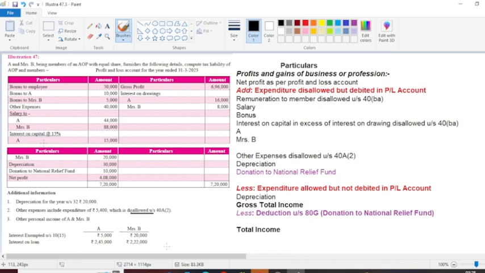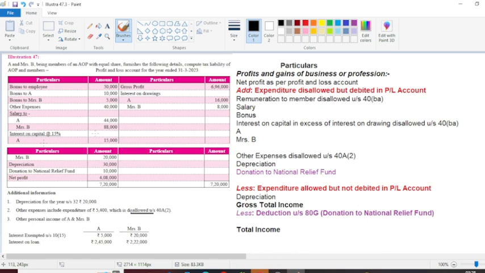Some disallowed expenses have already been debited in the P&L account, and we add them back to the net profit. The net profit increases, so we pay a higher amount of tax. That's the purpose. We need to calculate as per the Income Tax Act.